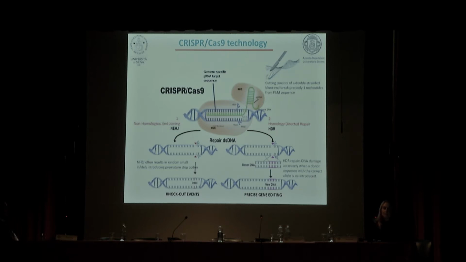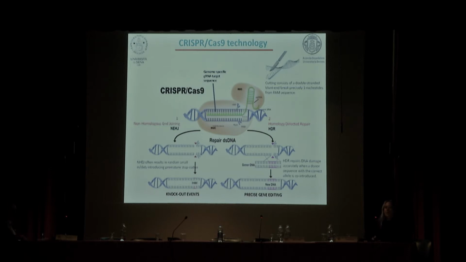The Cas9 cutting is a double-strand blunt end break that occurs precisely 3 nucleotides from the PAM sequence. And these double-strand breaks trigger DNA repair processes by 2 distinct pathways.